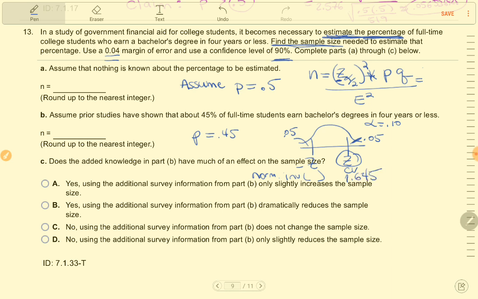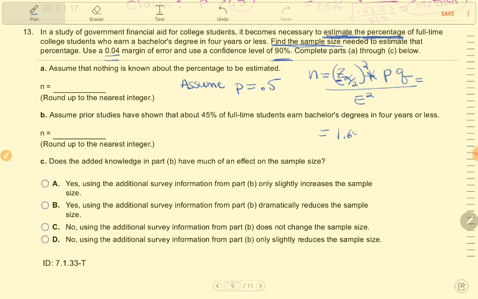Right, so then I'm going to use that 1.645 squared. Then I'm just doing A right now, so then I'm going to use P equals 0.5. Well, if P equals 0.5, then Q equals 0.5 also. So that would be times 0.25, because if I do 0.5 times 0.5, I'll get 0.25. And actually, that's what the formula says.